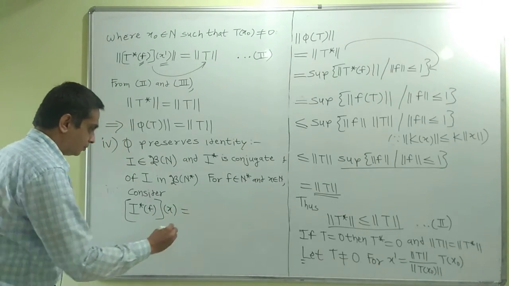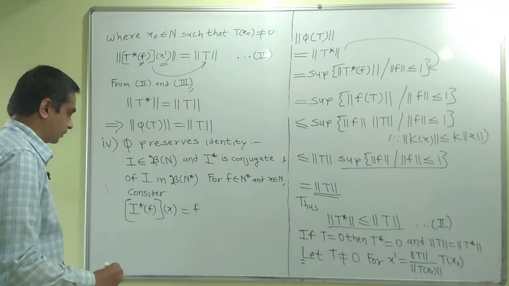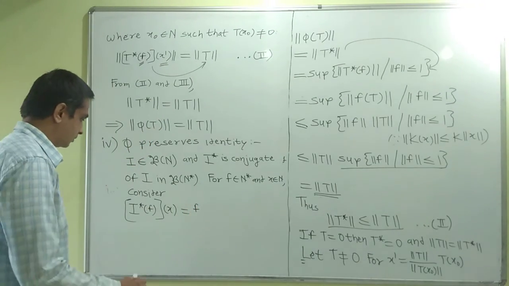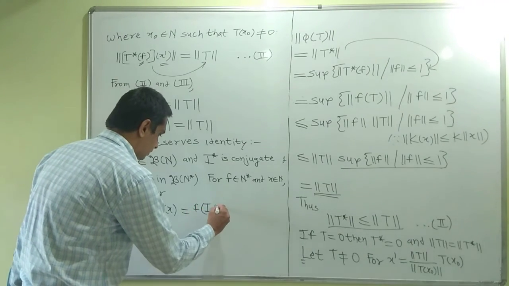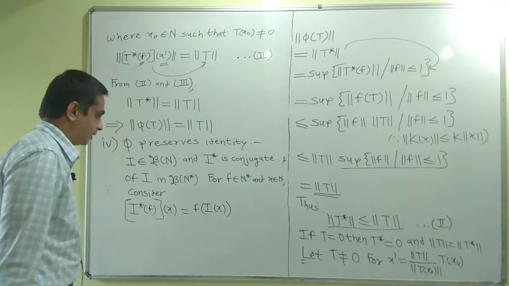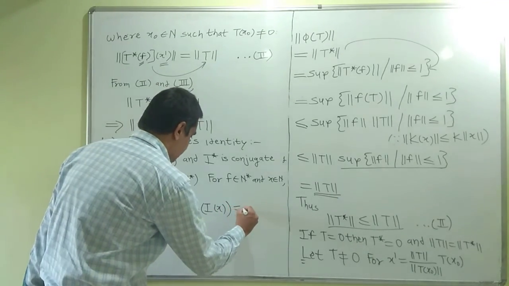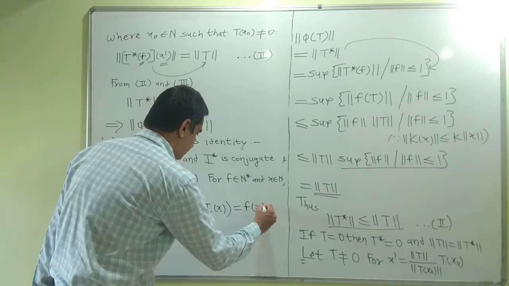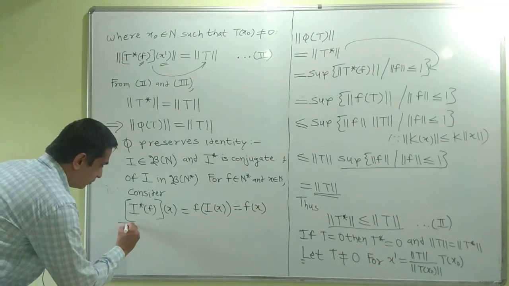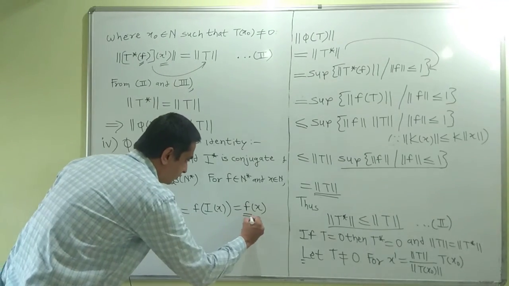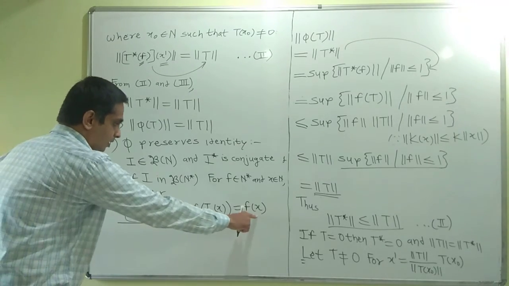This equals f of I x by definition of I star, and this actually equals f of x. Thus I star of f equals f.